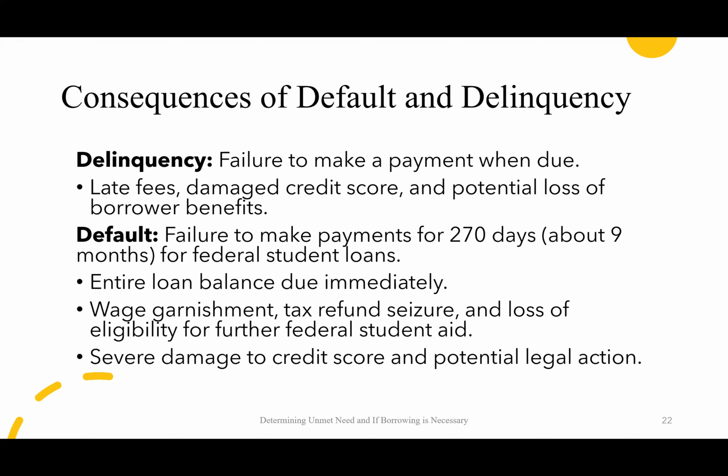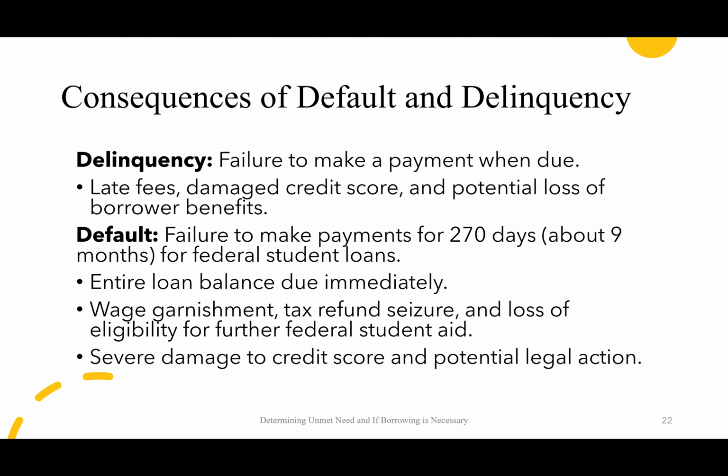Another consequence includes wage garnishments, in which they can garnish income from money that you're making. It also includes tax refund seizure and loss of eligibility for further federal student aid.